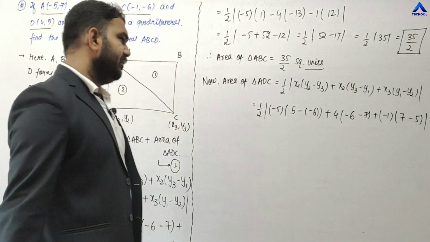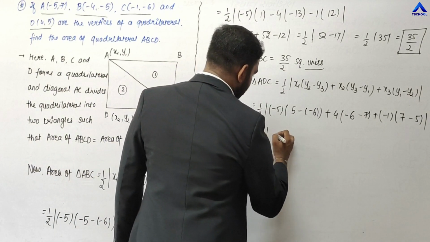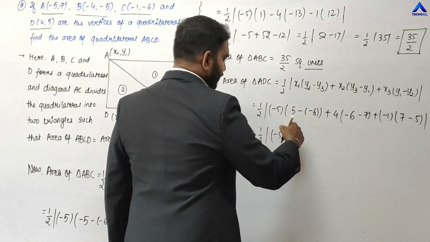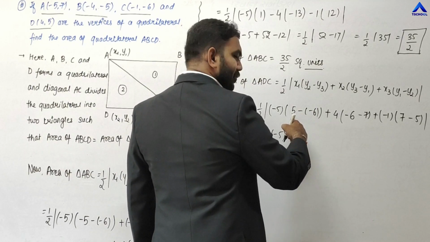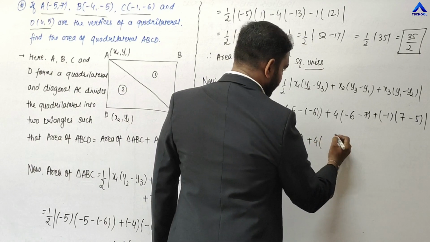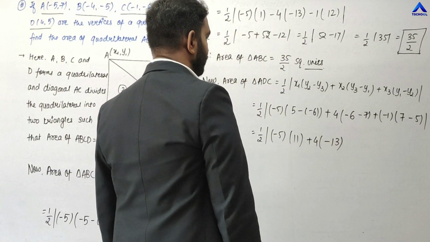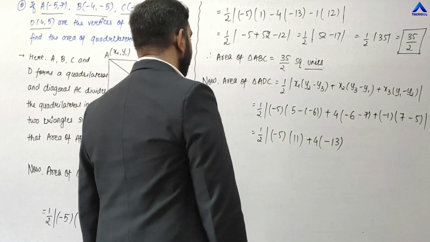So we have put the values here. Therefore 1/2 modulus -5 into (5 plus 6), that is 11, plus 4 into -13, right?